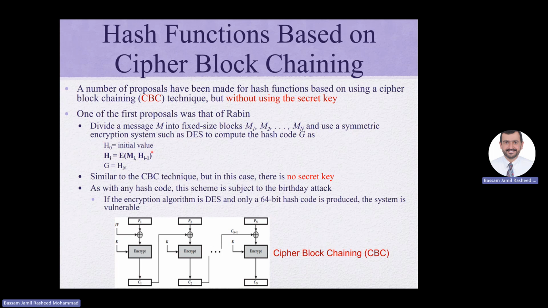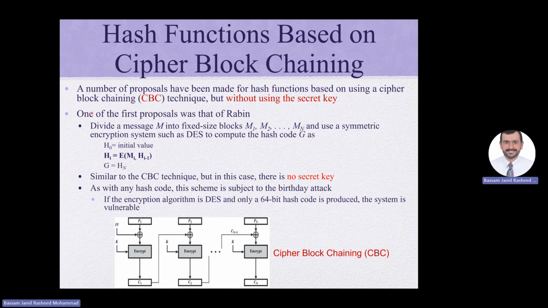Initially we have an initial value, and then in every stage we encrypt the previous output with the block of this stage. At the last stage, we generate Hn, which becomes my digest. So basically, instead of going to an XOR, maybe the M1 will replace the key here, and M2 will replace the key, and so on.